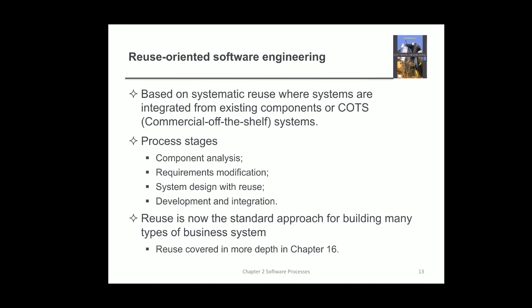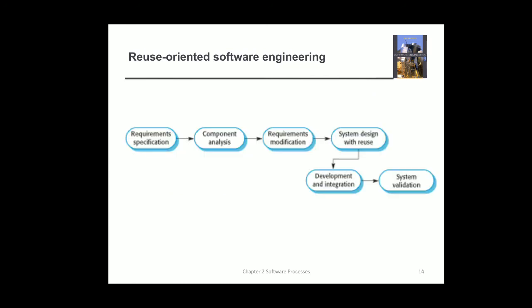Here we have a lot of stages for reuse oriented software engineering. You can see in the next slide: requirement specification, component analysis, requirement modification, system design with reuse, development and integration, and system validation. So these are the various stages of reuse oriented software engineering.